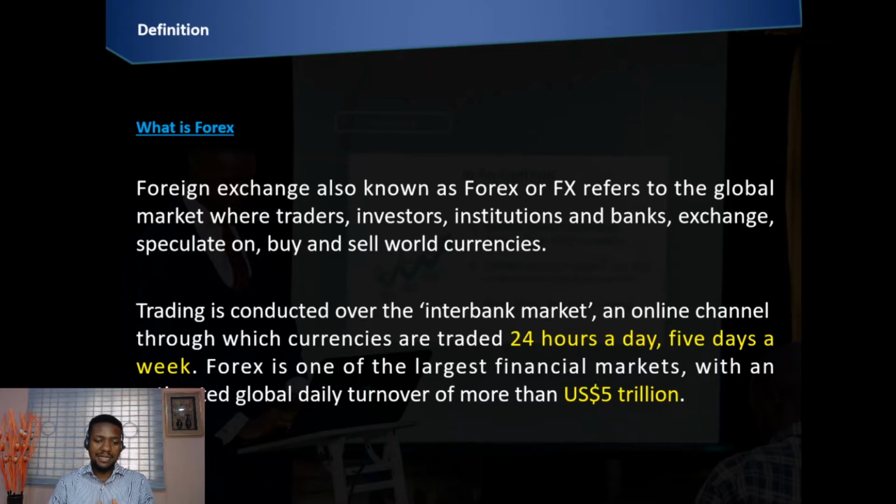Forex is one of the largest financial markets with an estimated global daily turnover of more than 5 trillion US dollars. So now that you can see the amount of money we have out there in the market, it shouldn't be difficult for you to be able to make a little out of that on a daily basis.